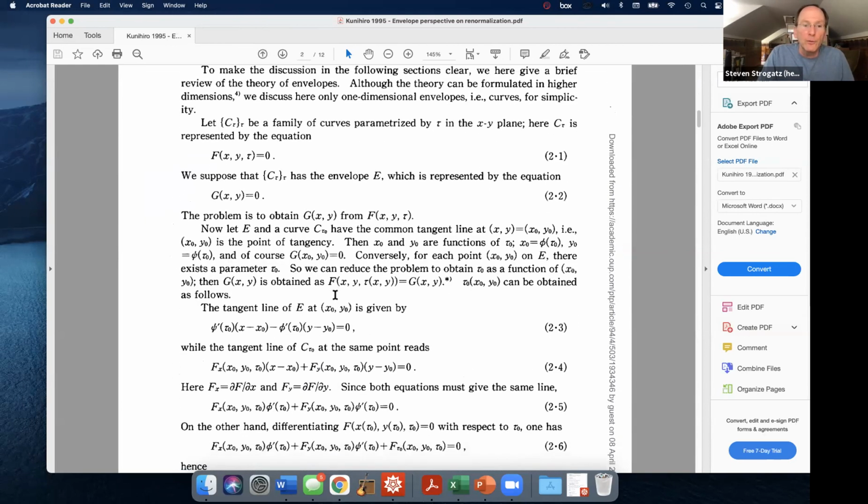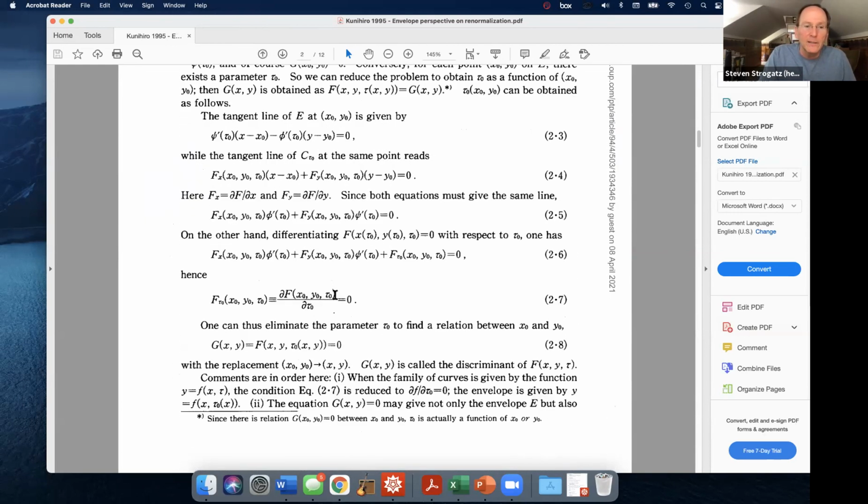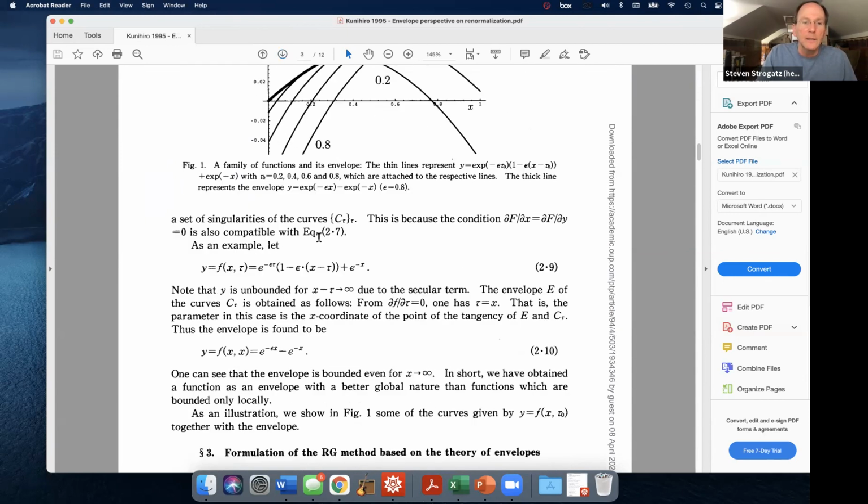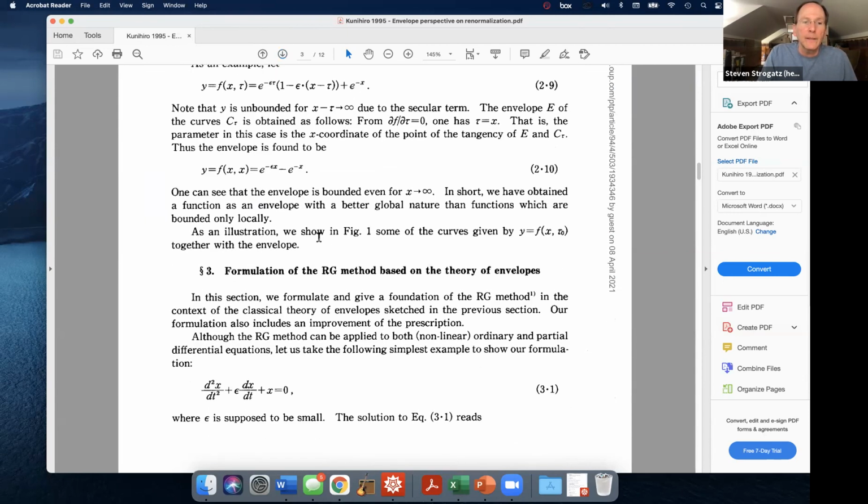And so after he reviews the basics of envelope theory, similar to what I tried to do at the beginning, he gives an example of some expressions that then have an envelope to remind you how envelopes look. And then he does a little problem involving a damped linear oscillator as a warm-up. So why don't we just glance at that one?